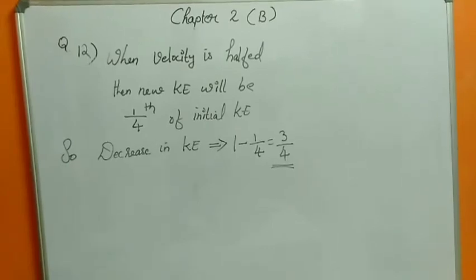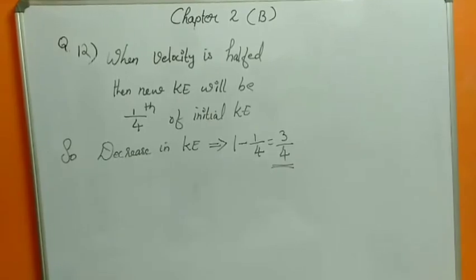In question number 11, we already studied if the velocity is half, kinetic energy will become 1/4 of its initial energy. Actually this kind of question will come as a 1 mark question. You don't need to substitute, but you should study it by heart.